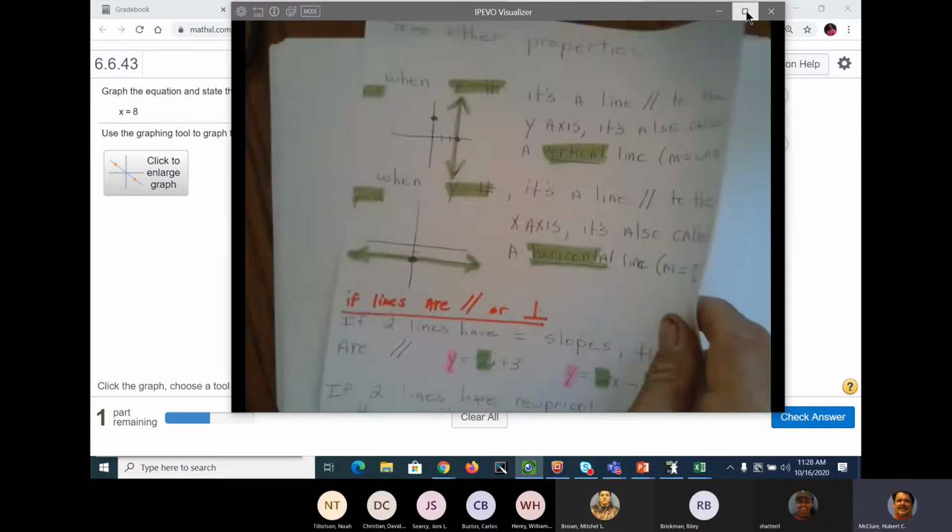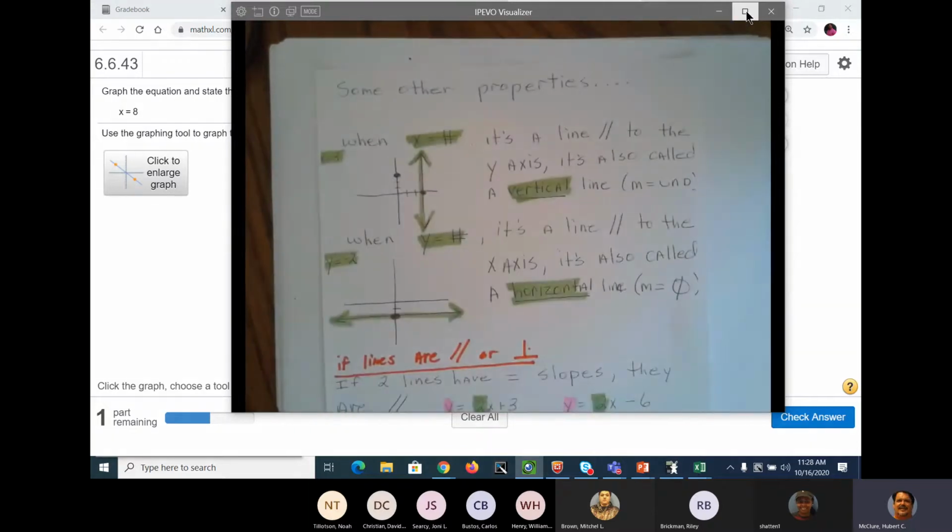It's a parallel line. Parallel to what? To the y-axis.